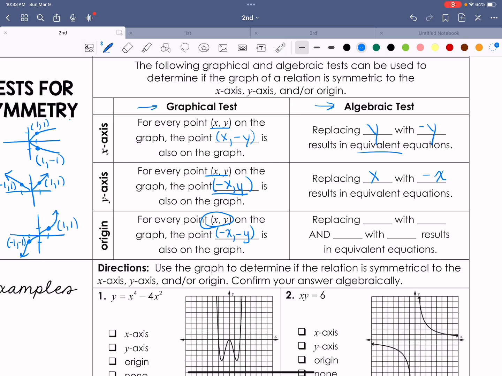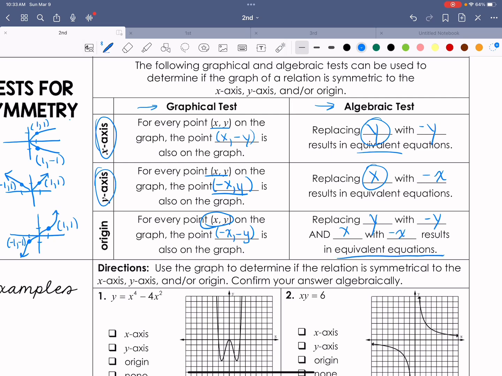So it's kind of like when you were finding your x and y intercepts, you replace it with the opposite letter. It's the same thing here. For x-axis symmetry, you replace the y. For y-axis symmetry, you replace the x with negative x. All right, for the origin, you're going to replace the y with negative y and the x with negative x and see if you get equivalent equations.